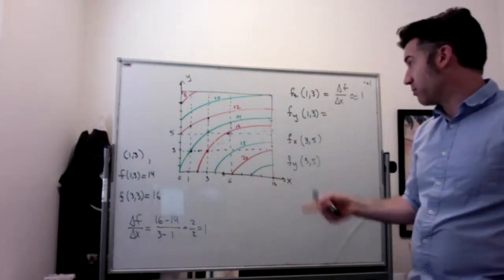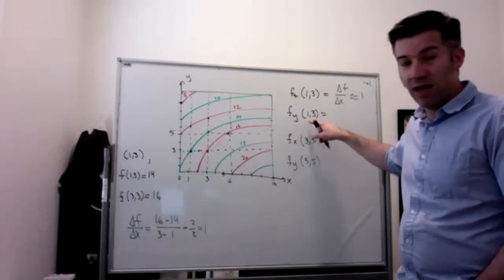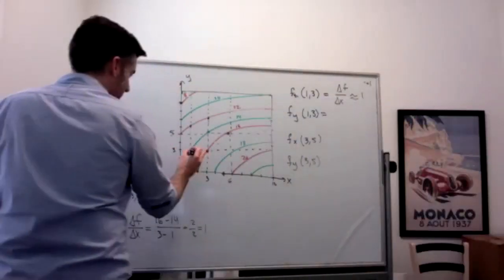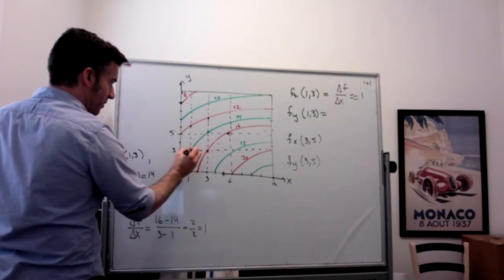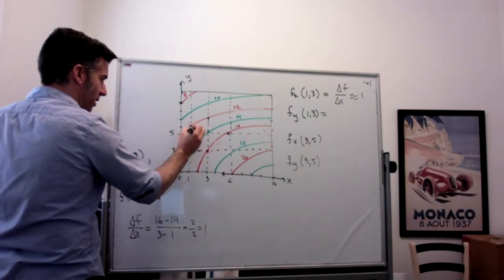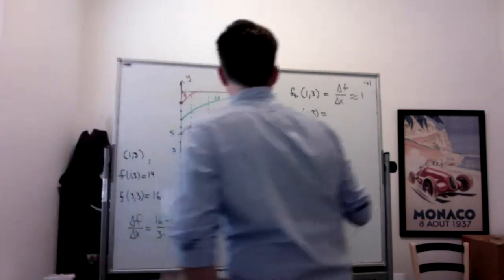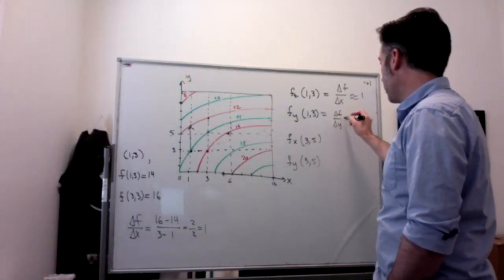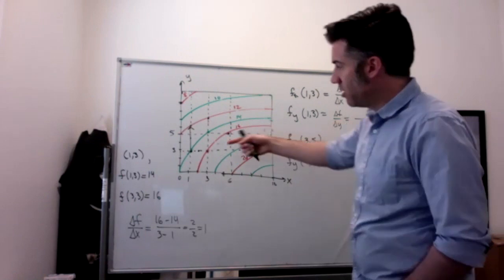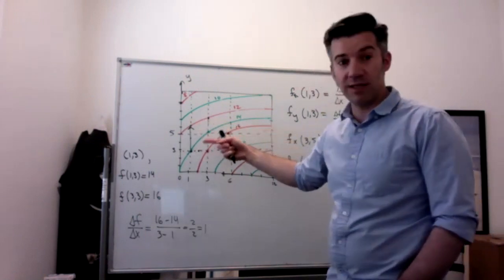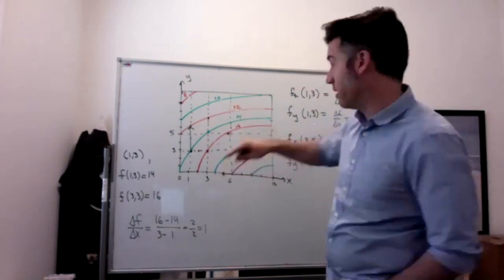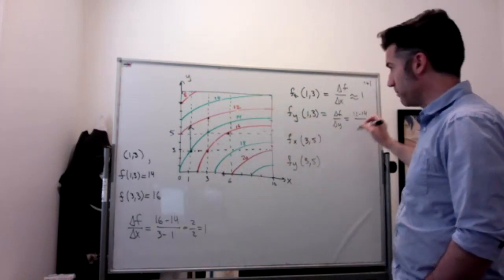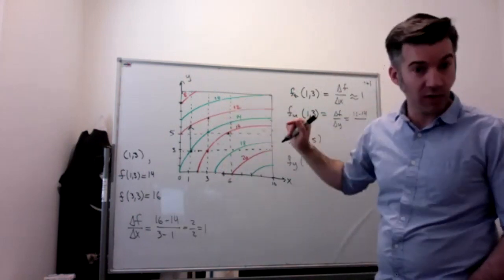To find the partial derivative with respect to y, we would do the same thing, except we look in the y direction. If I move up to the next convenient point, right there, my delta f over delta y is, from here to here, delta f going down: 12 minus 14, where you end up minus where you start.